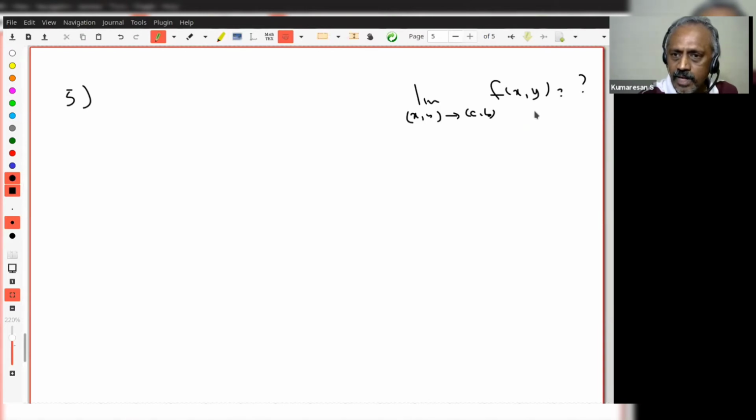If along two distinct lines as I move along, the limits are distinct, we proved that the limit cannot exist, at least in one special case, but the same proof works in other cases. Do you understand these two statements? If xy moves along any line through ab, and all the limits coincide, then I hope the limit exists and it is equal to the common limit. It is a hope. It may or may not be true.